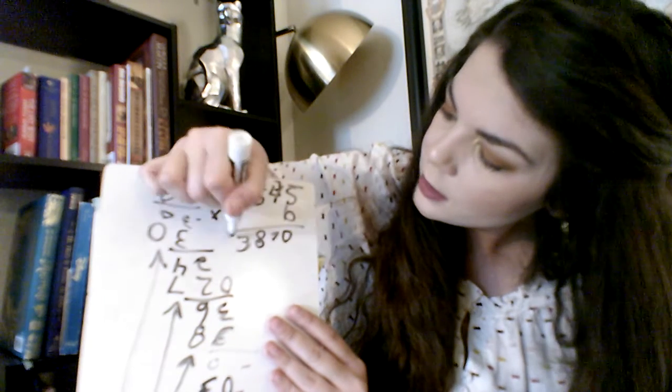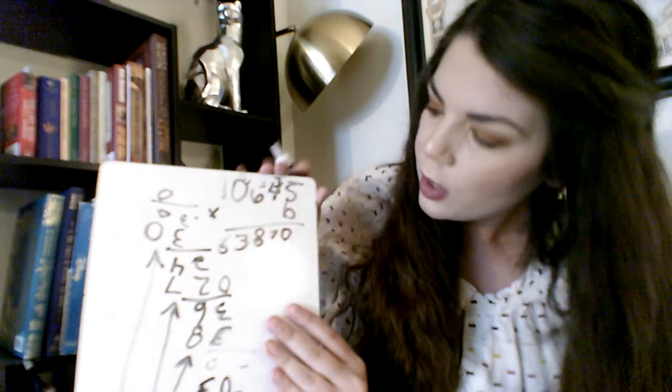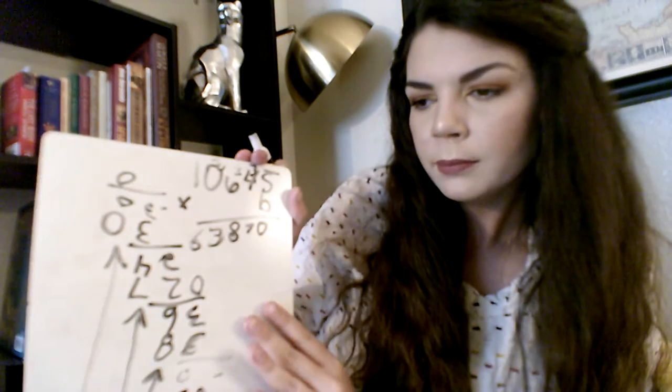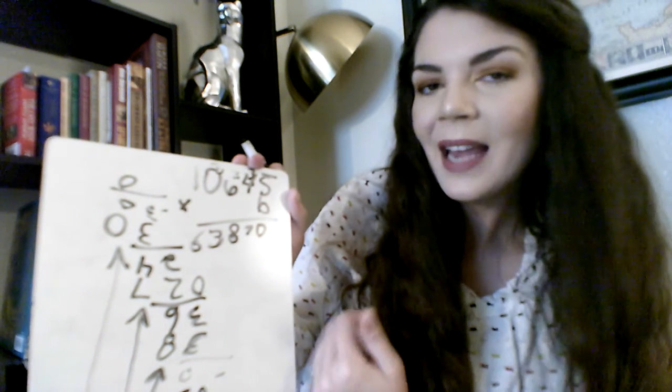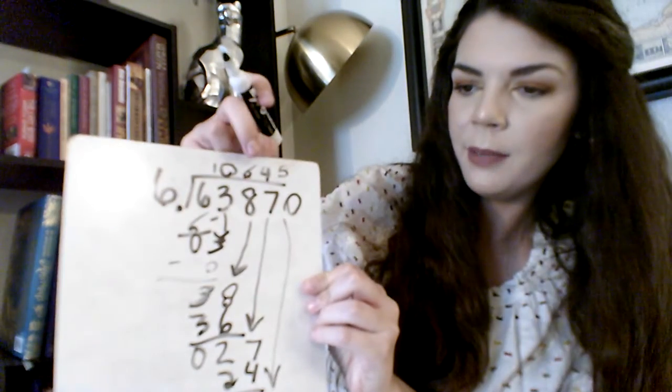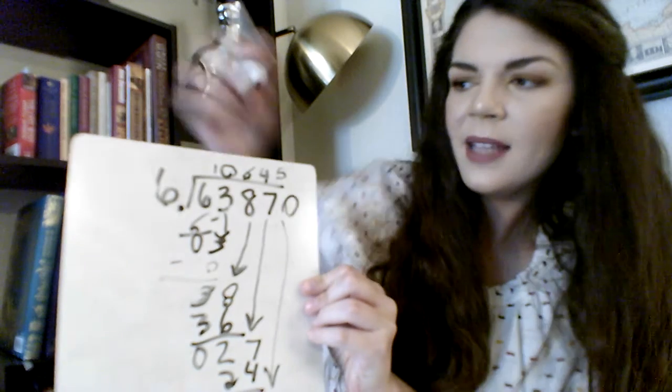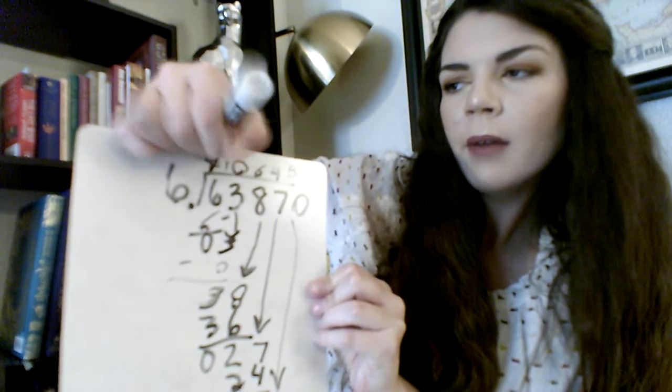And 6 times 1 is 6. So our original number, there you go. Our original number should have been 63,870. Let's look up. Was that our original number? 63,870. Woohoo! We got it right.